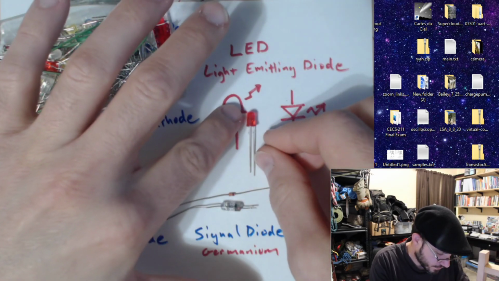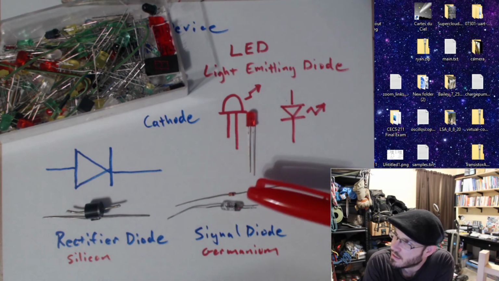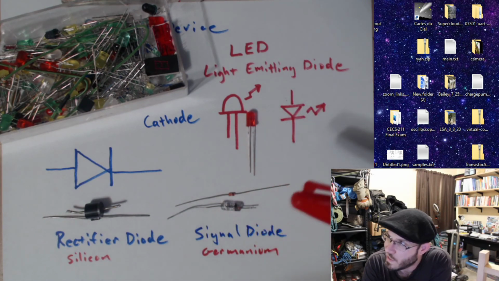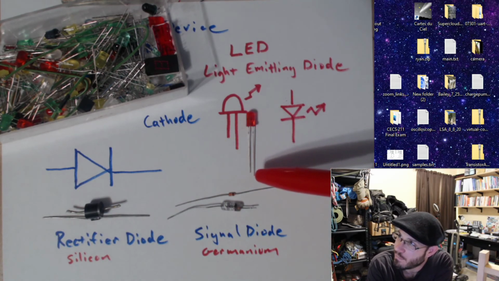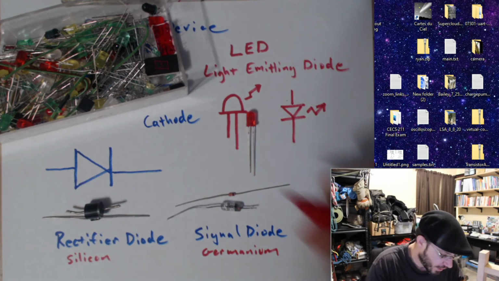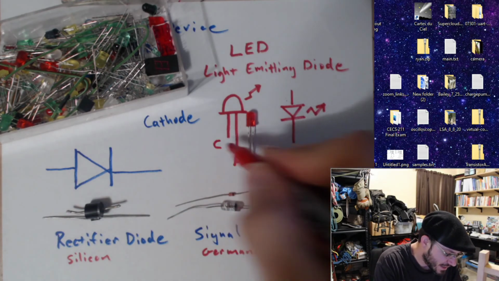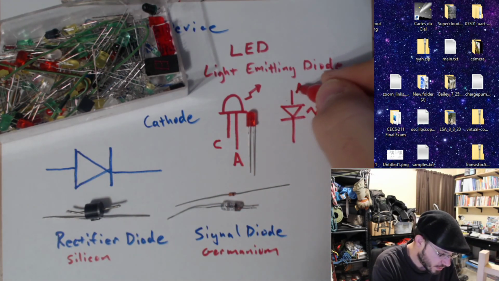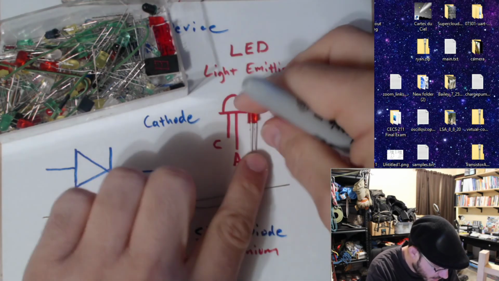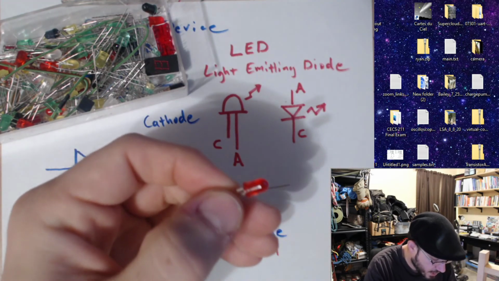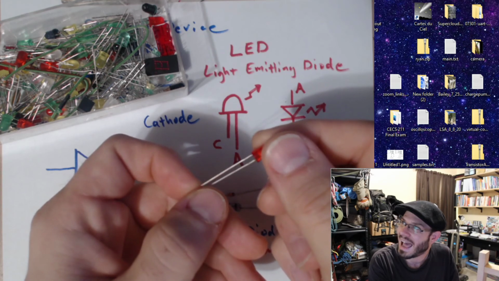Now, if you notice, again, they need to tell us the polarity of this. Which side's the anode, which side is the cathode. So what they've done here is they've made one leg longer. The longer leg is the anode. The shorter leg is the cathode. They also try to tell us through a little notch on the side that you probably can't see, but one side has a flat.